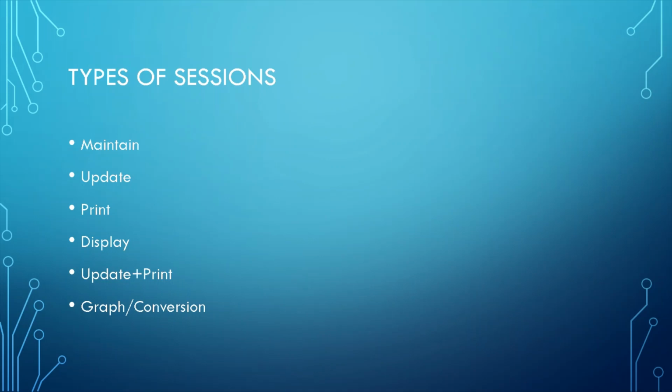In order to do that, you can use this type of session, which is called update plus print session. The other two, which are called graph and conversion, are not usually used. But in future we will also cover these two types of sessions. But for now, just focus upon the first five types of session.